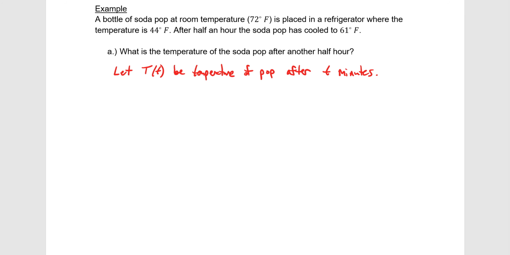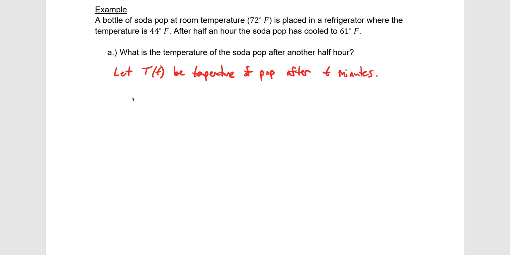We have dT/dt, the rate of change of the temperature, equals k times T minus 44. Right, so this temperature was the temperature of the surroundings. That is the temperature of the refrigerator, which is a constant 44.